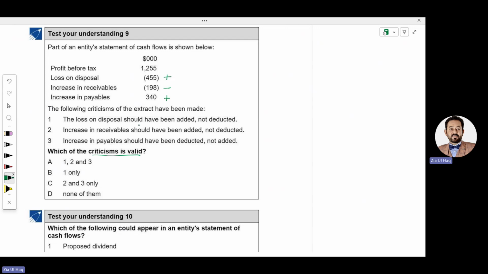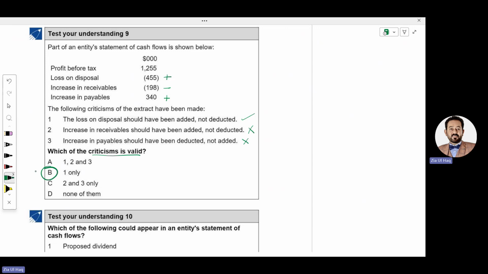The loss on disposal should have been added, not deducted. Is that fine? Yes, we have added. Increase in receivable should have been added, not deducted. No, this is wrong. Increase in payable should have been deducted, not added. No, this is also wrong.